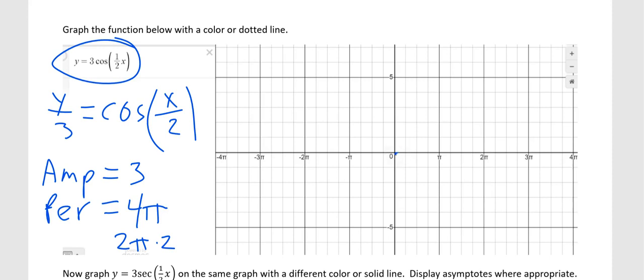HK is still here. Between, down at the bottom. Graph a couple of these.